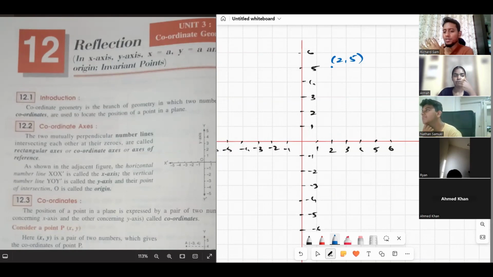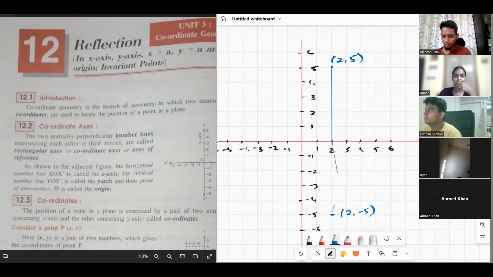So what will this point be if you reflect it along the x-axis? Imagine the x-axis is your mirror. So where will this point be? It will be 2, -5. Yes, it will be over here. Whatever distance it is in front of the mirror, that same distance you have to look behind the mirror.